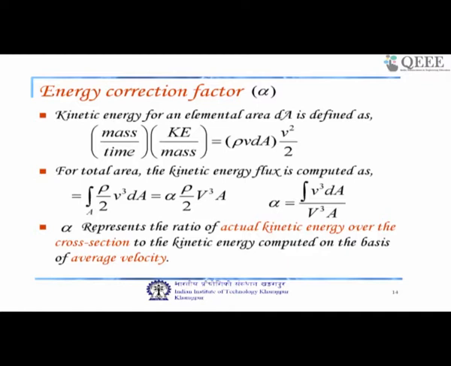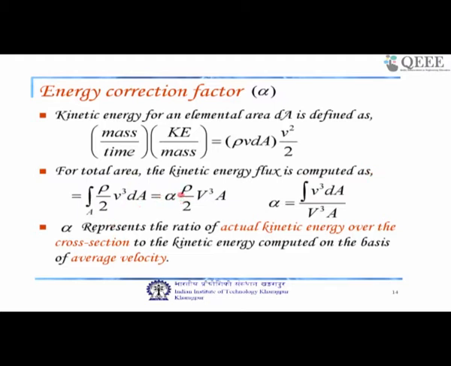The kinetic energy for this elemental area is defined as rho V dA, this is the mass, and mv square, v square by 2, over the total area, the kinetic energy flux is computed.